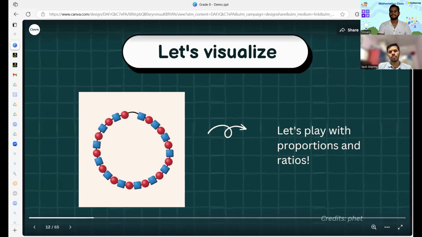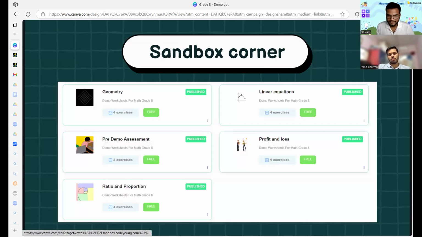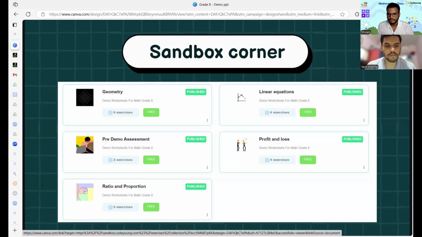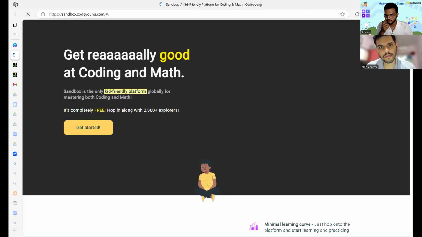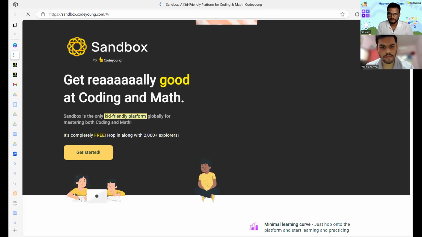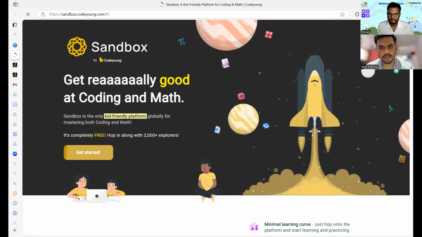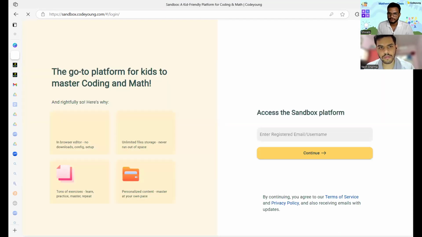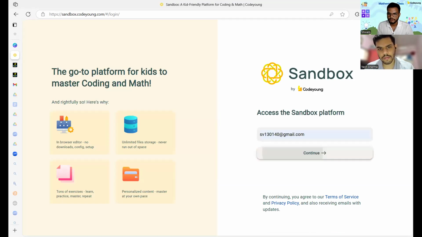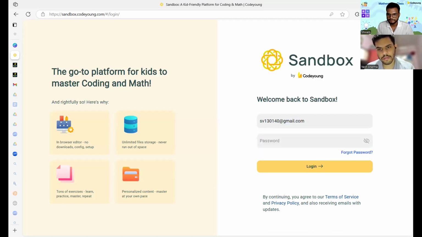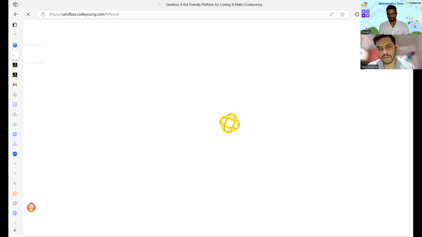So let's go to the sandbox corner. What is sandbox? Sandbox is going to give you questions you have to solve. That is going to be fun for you, so that you will be confident. Are you able to solve questions or not? Because it's necessary to answer by yourself to get clarity. So just try to solve. You learned well, I think, right? Yes.